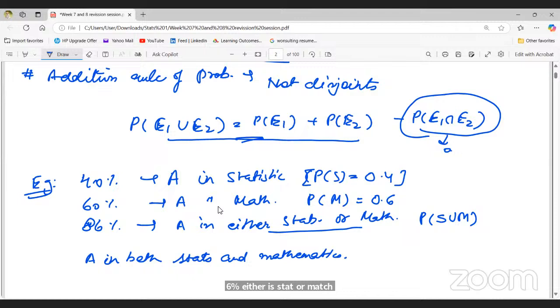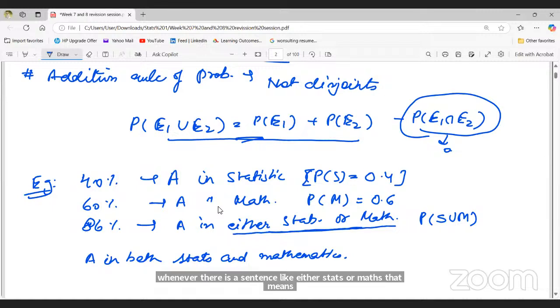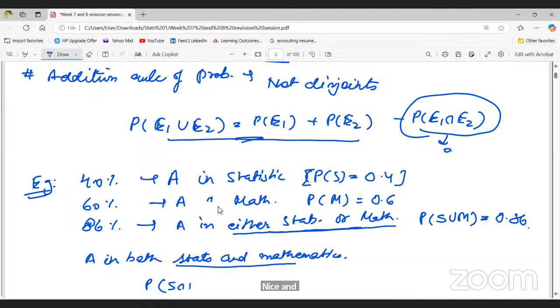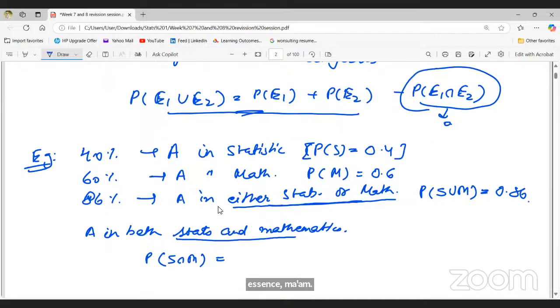So it would be the probability of S union M, which is 0.86. Now I have to calculate A in both stats and maths, so I would be calculating the probability of S intersection M. What would be the formula?